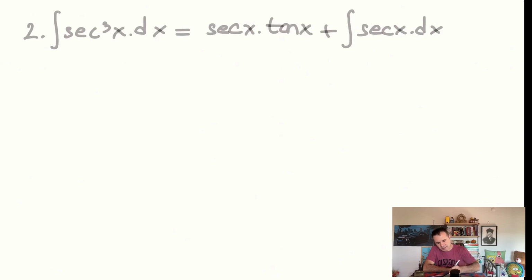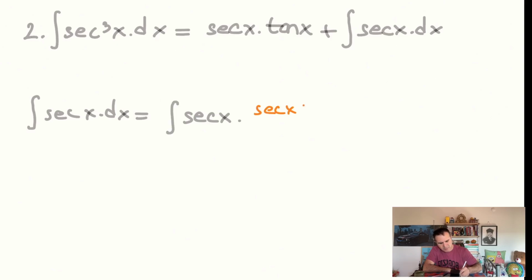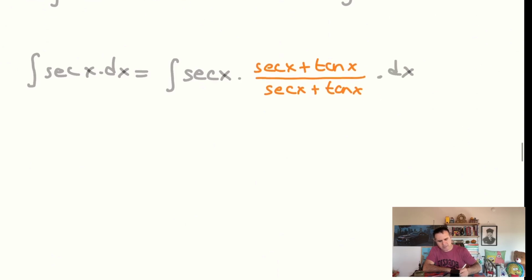Let me solve the integral of secant x dx. It is equal to integral of secant x times secant x plus tangent x divided by secant x plus tangent x. Multiplying by secant x plus tangent x and dividing by secant x plus tangent x is the most used method.